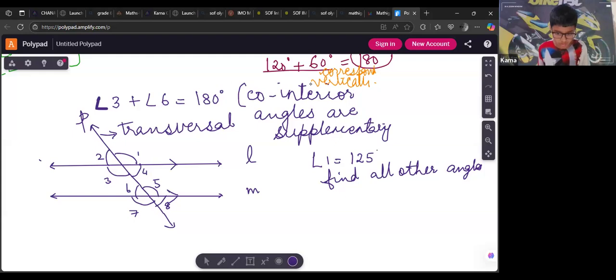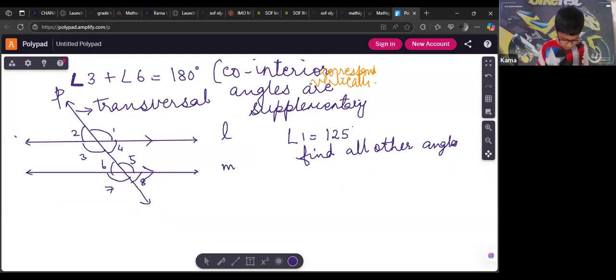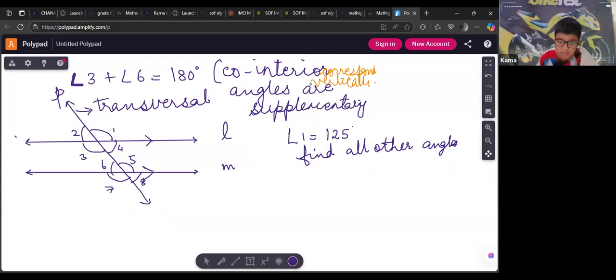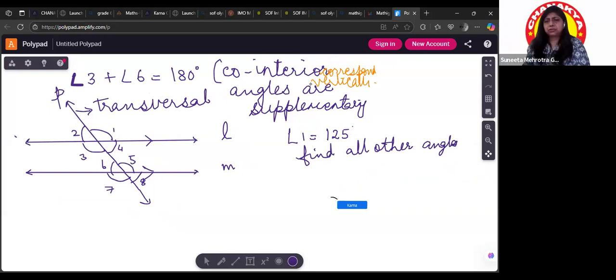Are you able to write on the screen? Yes, you can drag the mouse and write the text.